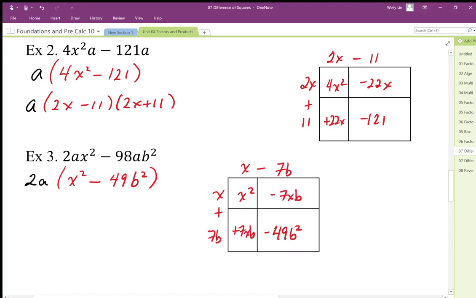There's where our canceling happened, and that's why we have no middle term in this bracket. So we found our length and width. So there's my greatest common factor. I need to keep track of that. x plus 7b, x minus 7b then gives us the length and width of the factor of the difference of squares.